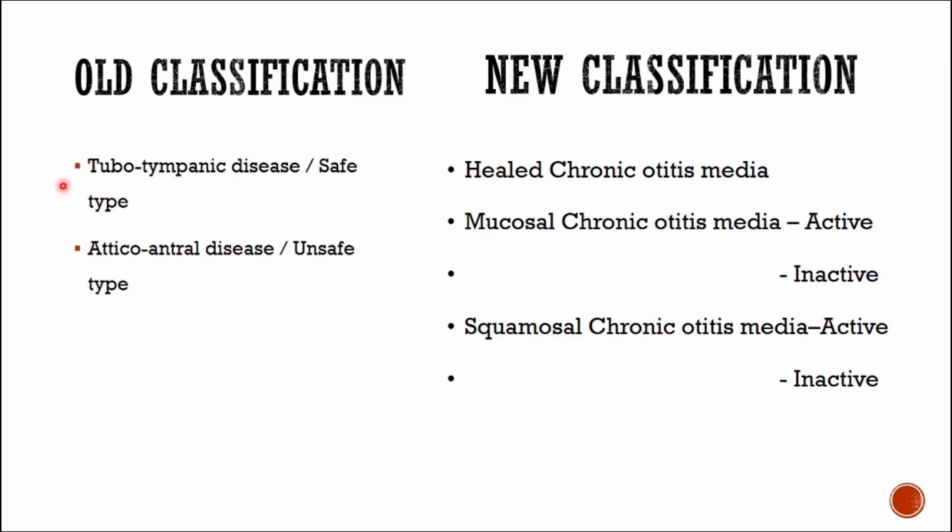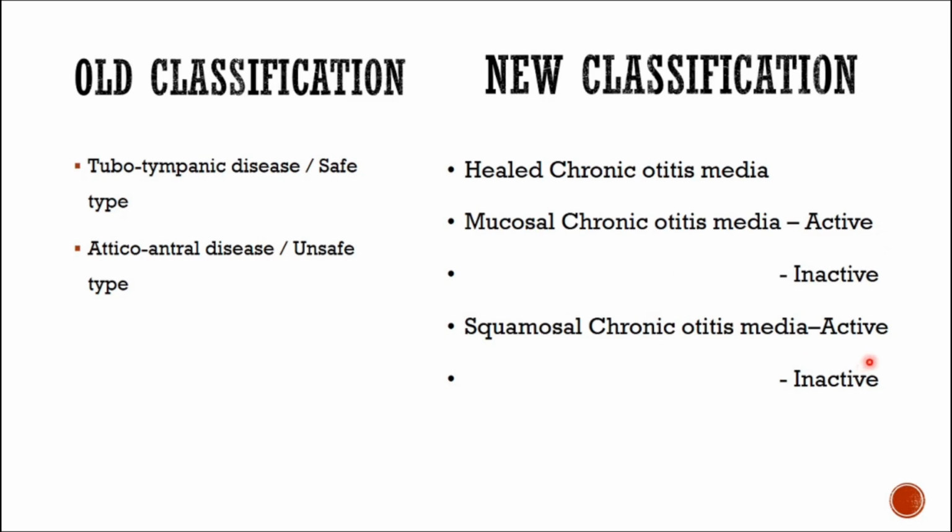The safe type, the tubotympanic disease, is called mucosal, and the atticoantral disease or the unsafe type is called squamous. Each of mucosal and squamous has active and inactive. Active means there is an active inflammation going on in the middle ear cleft, characterized by persistence of inflammation of the mucosa and by the presence of discharge.